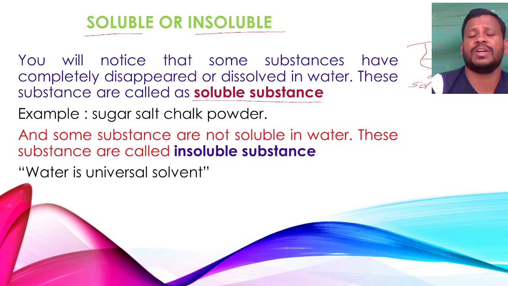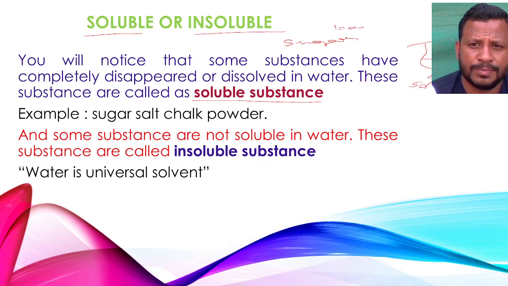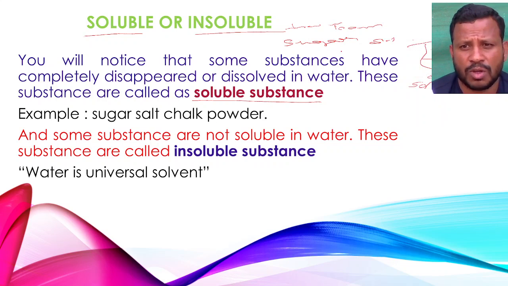In our day-to-day life, we use sugar to prepare tea, we use lemon to prepare sharbats, we use turmeric to make food, and we use salt. These are all water soluble substances.